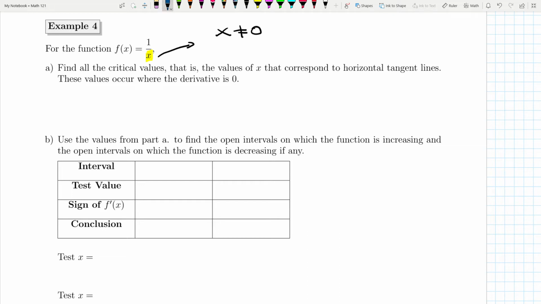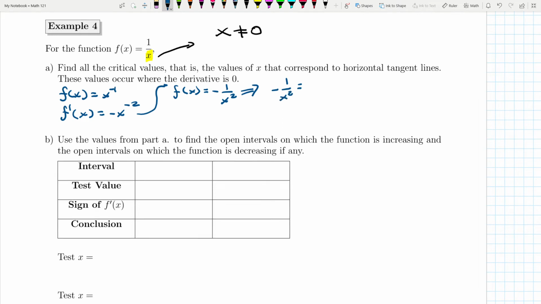So let's see. Let's take the derivative. So f of x is the same as x to the negative 1, where f prime equals negative x to the negative 2, which reduces to negative 1 over x squared. All right, so what we need to do is set the derivative equal to 0.